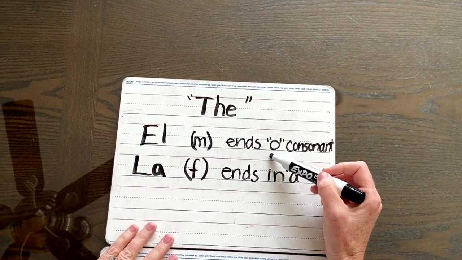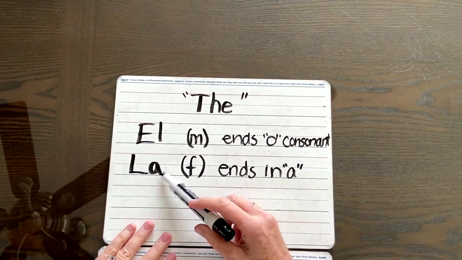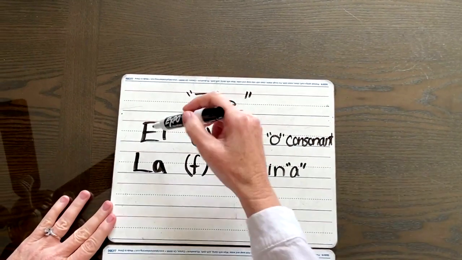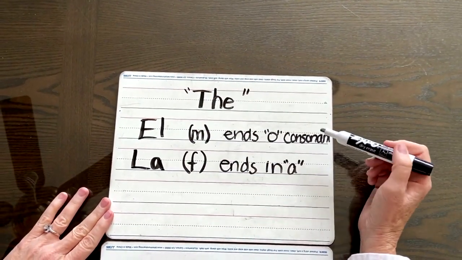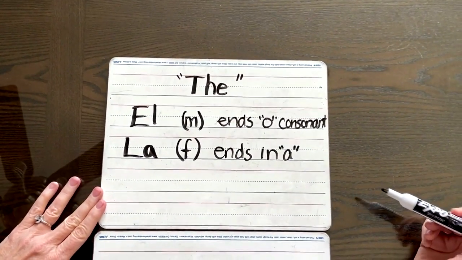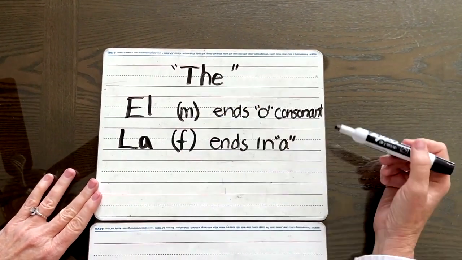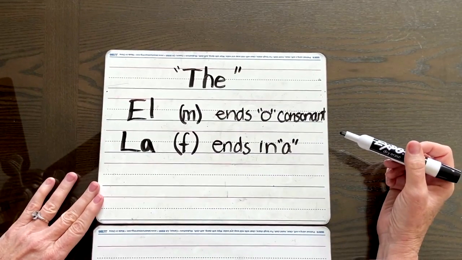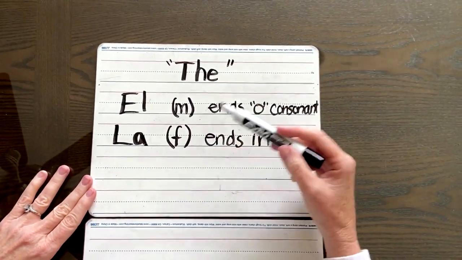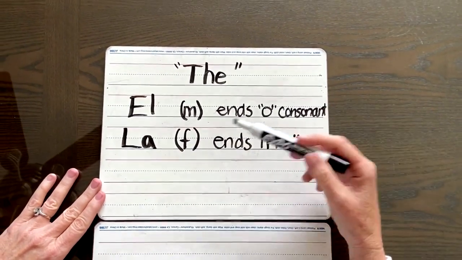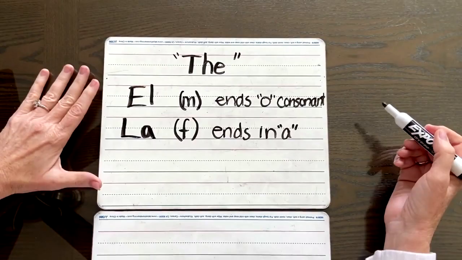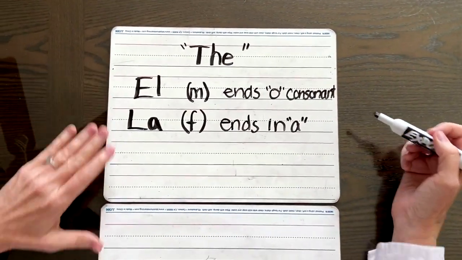Or el globo ends in an O, but la mesa, la puerta, right? Or el lápiz ends in a consonant. So el and la both mean the, and we change it depending on the noun that we're talking about, the noun that comes next. If it ends in A, we're gonna say la. If it ends in O or another consonant, we're gonna say el. There are many exceptions to the rule, unfortunately. But for now, we're gonna try and do it this way.